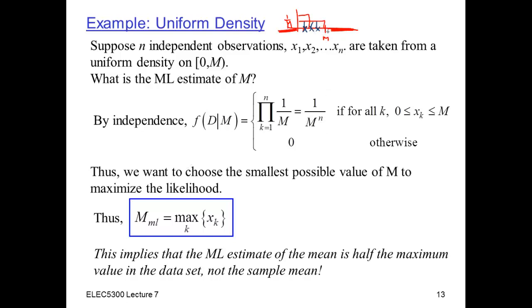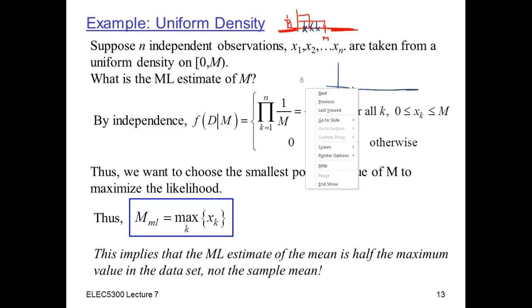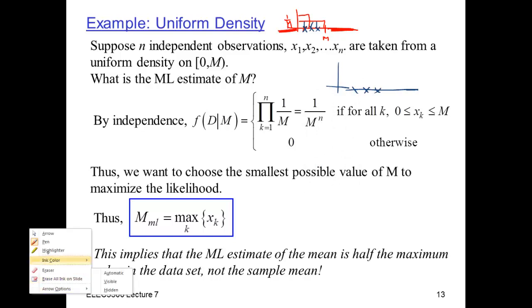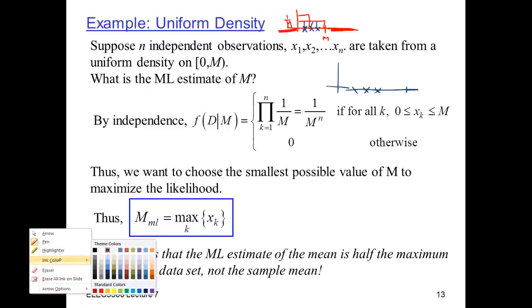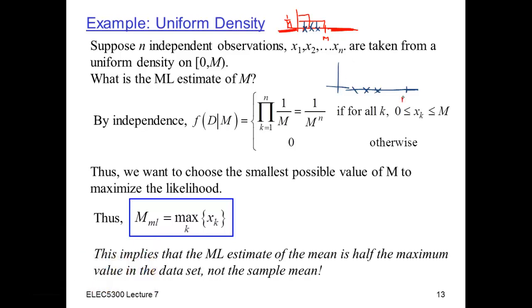So I want to take this m down, and as I move the m down, let's redraw this. Here are my data points. As I move the m down, as we saw before, the height will increase. If I had a value of m like this, then I might get a relatively low value here.